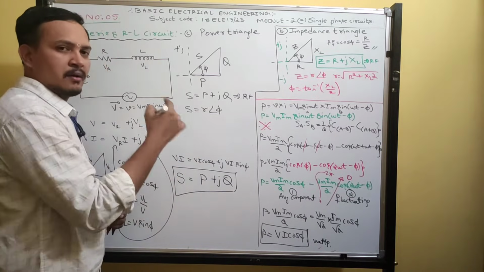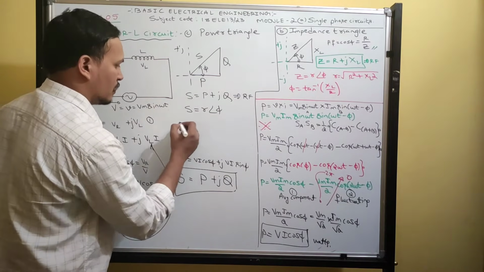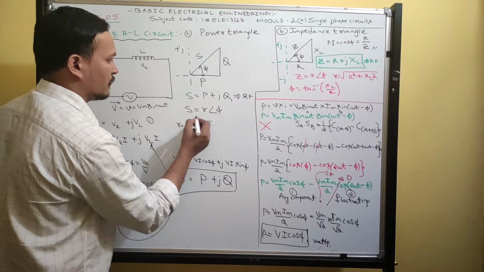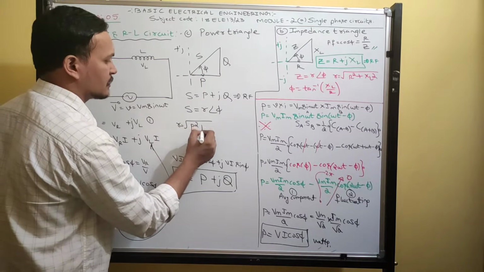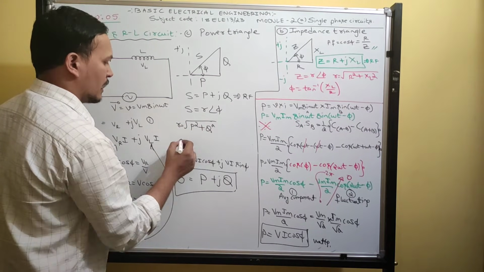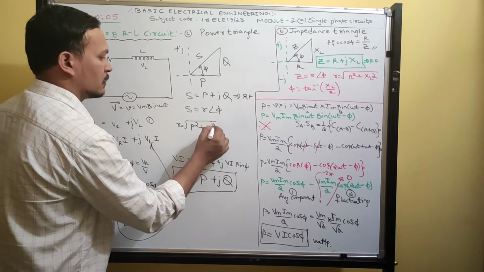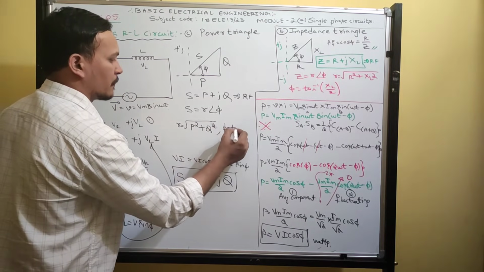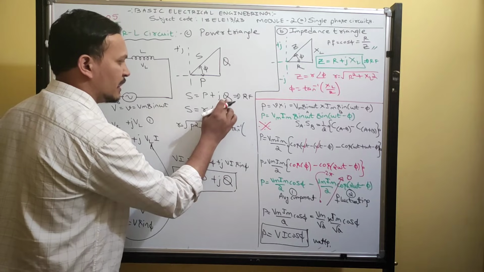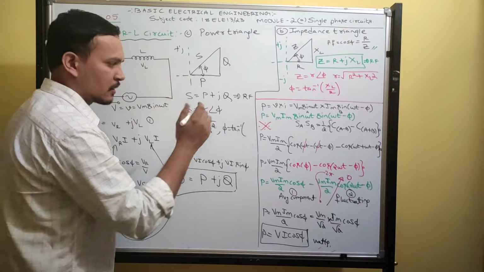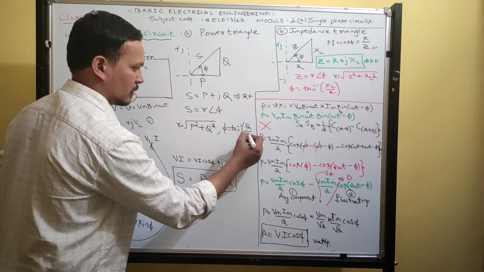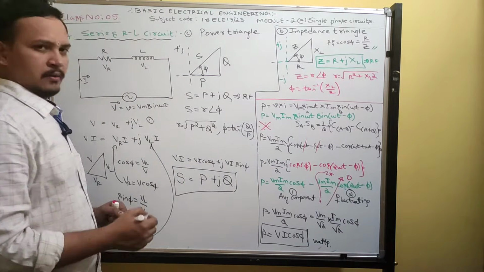Now you are finding the magnitude of power. How to calculate R? Square root of real square plus imaginary square. And how to calculate phi? Phi is equal to tan inverse of imaginary component by real component. What is imaginary? Q. Real component is P.